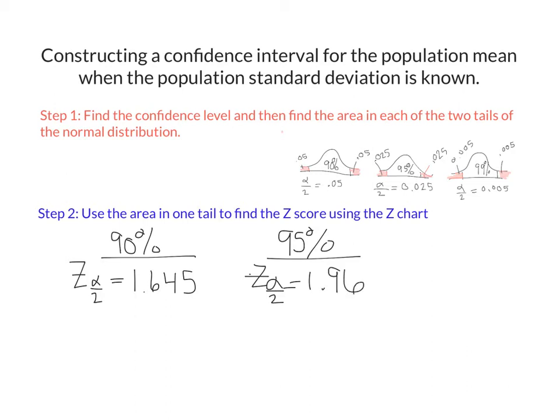Now on the chart, it may say negative 1.96, but we'll just use the positive of it because they're symmetric. And then the 99% z-score will be 2.575. So those are our 3 most used z-scores, and they're probably good ones just to remember.